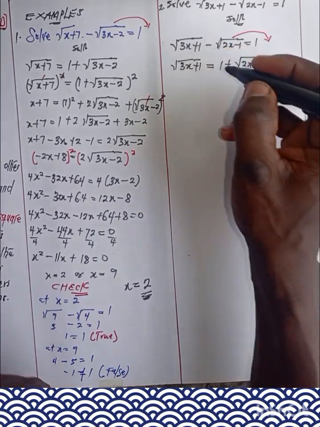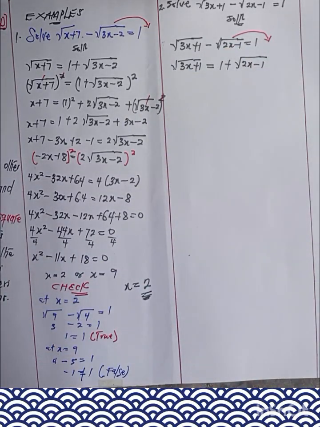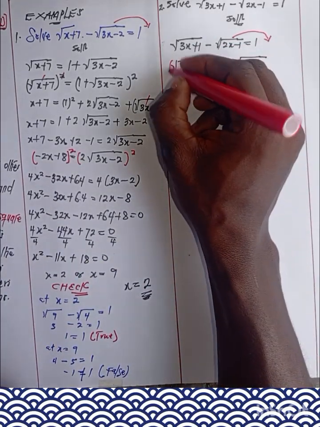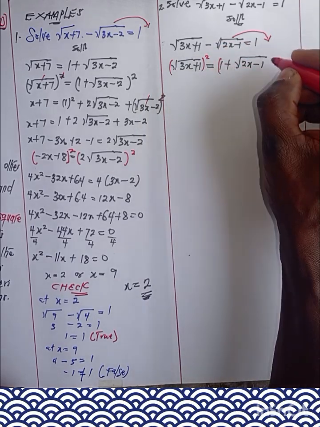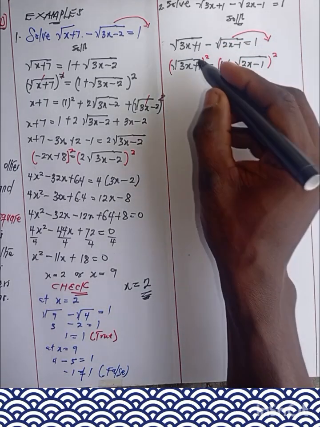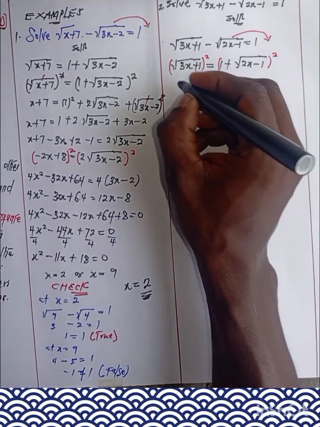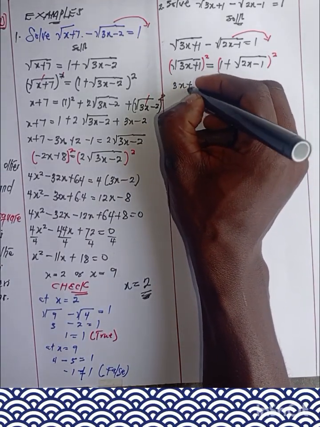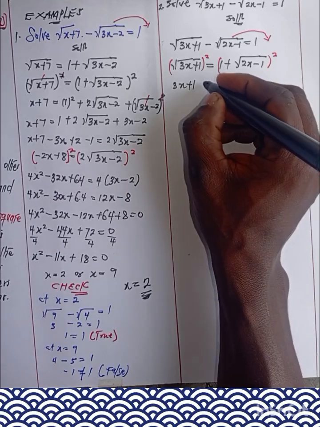So the second step is to square both sides and expand where possible. Let me use a red pen. Square both sides to remove the radical sign. So when you square this, you are going to get 3x plus 1, because the square and the root cancel.